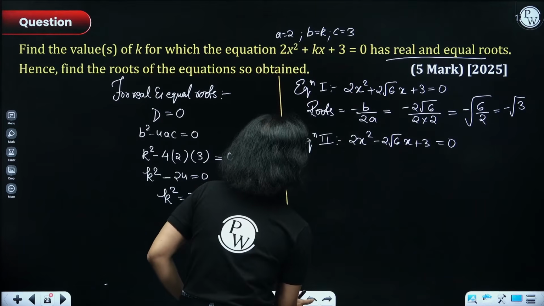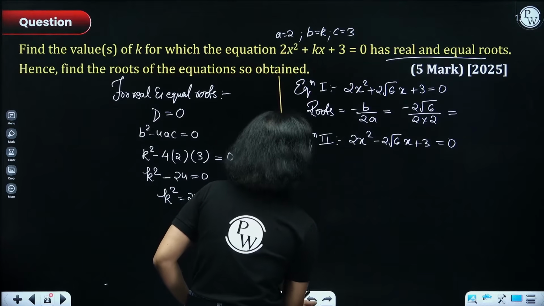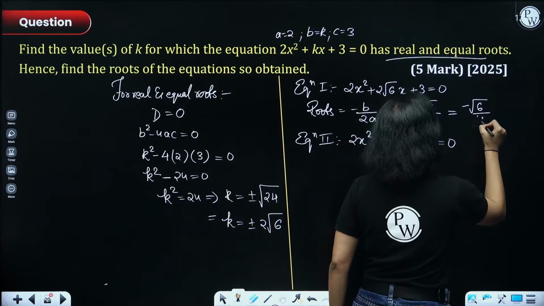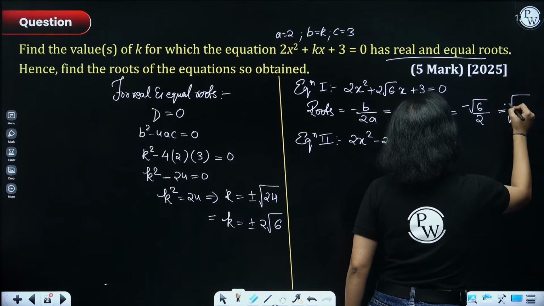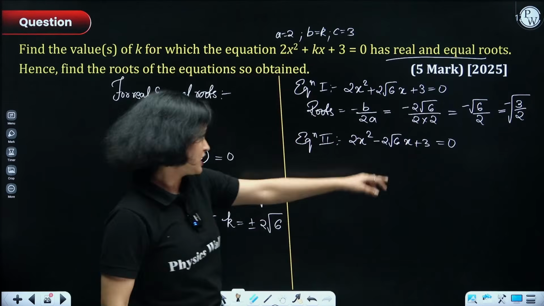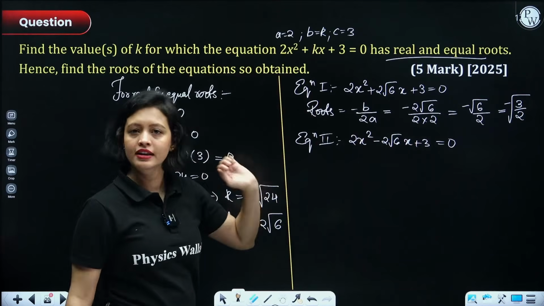Let me correct myself, everyone. This is negative of root 6 over 2. I can simplify this, so I'll get negative of root 3 by 2. So there was no under root here. I'm so sorry. Okay, now let's move on.